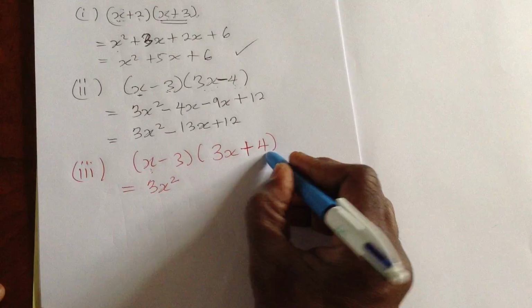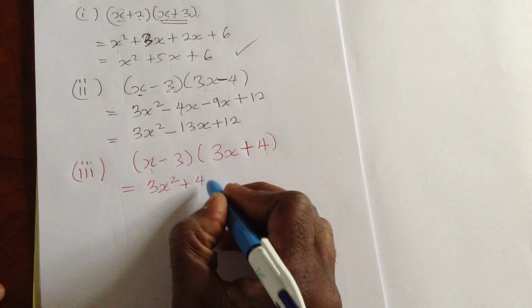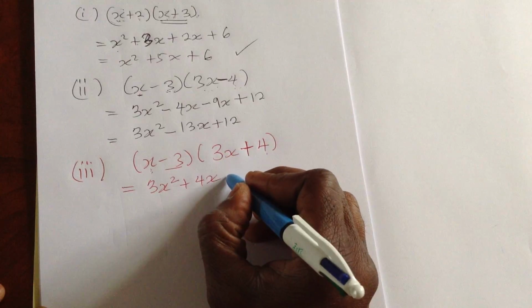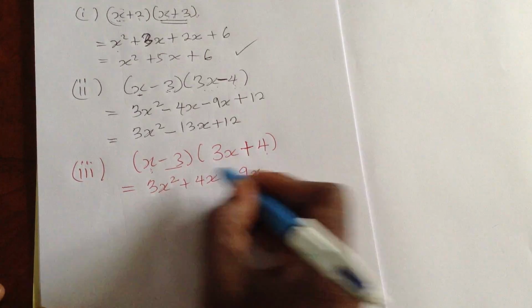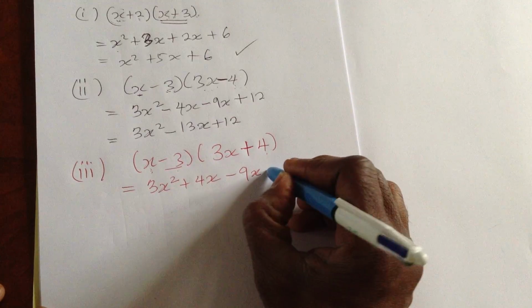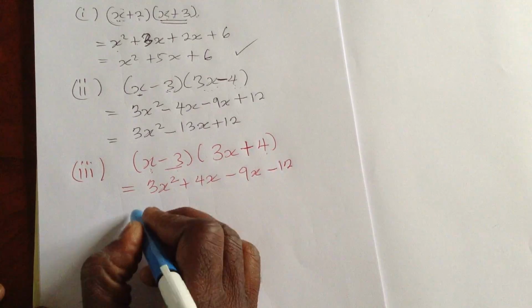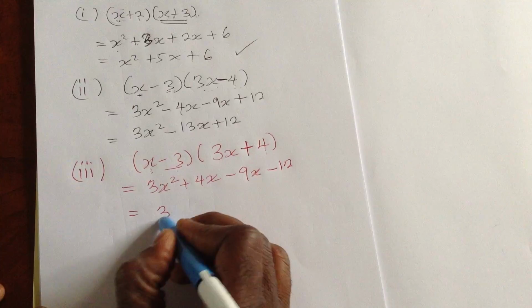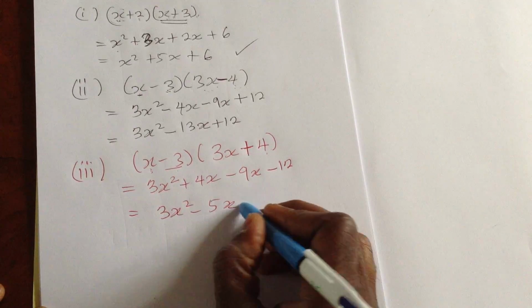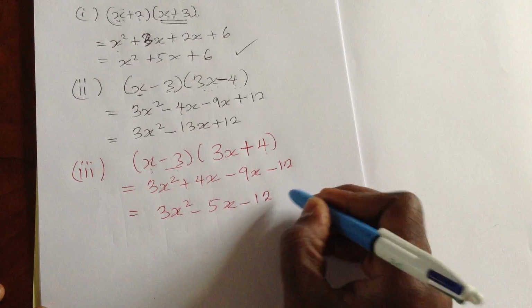Then x by 4 to give me 4x. Then I'll take minus 3 by 3x to give me minus 9x, and minus 3 times positive 4 will give me minus 12. This then gives 3x squared minus 5x minus 12.